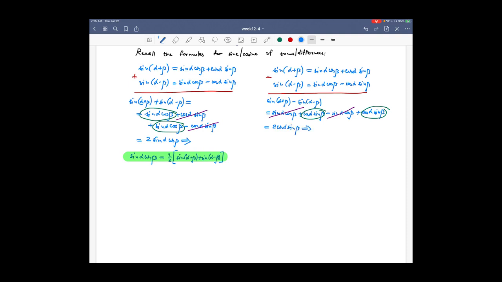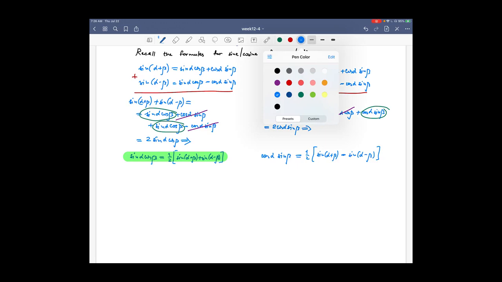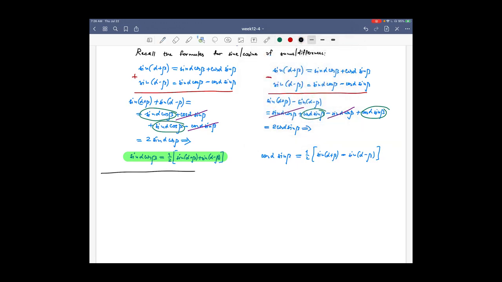So from here immediately, cosine alpha sine beta is half the difference, sine of a sum minus sine of a difference. And of course, the same goes for the formulas for cosine of a sum and cosine of a difference.